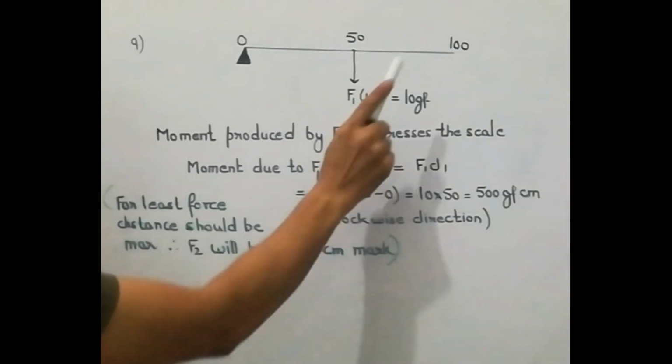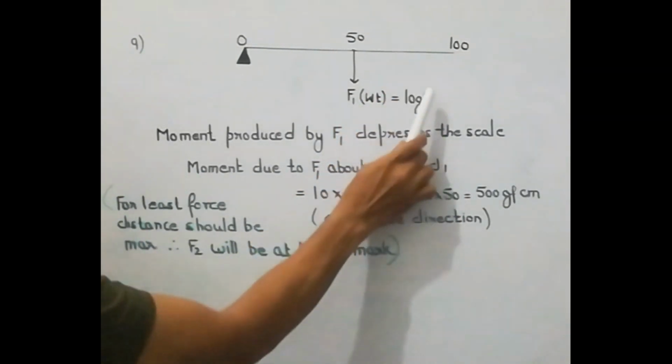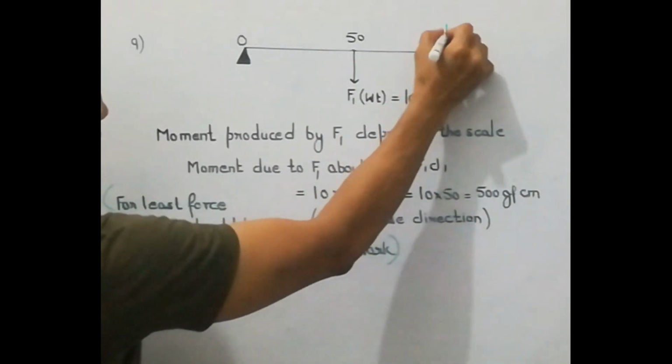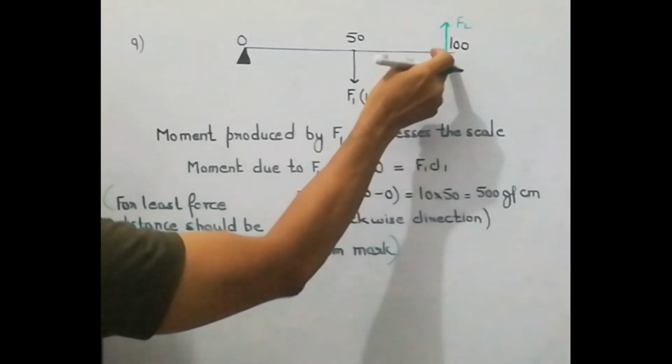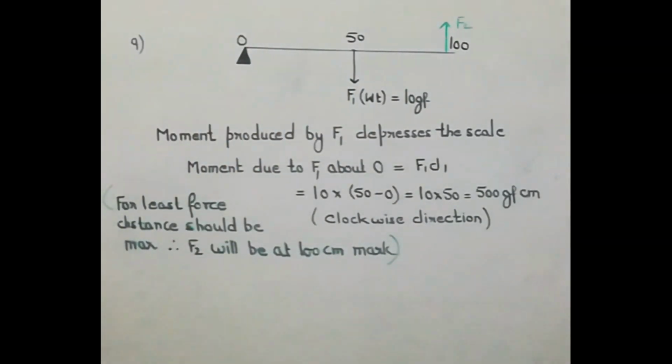So that means the force which is to be marked at 100 centimeter here should be in upward direction. If you mark the force over here in upward direction, then this force will produce anti-clockwise moment that can balance the clockwise moment. You have to keep this in mind.